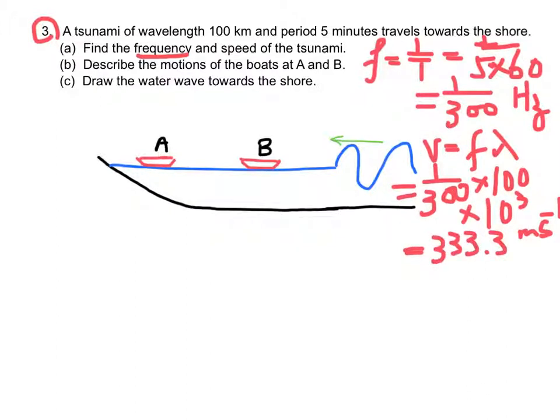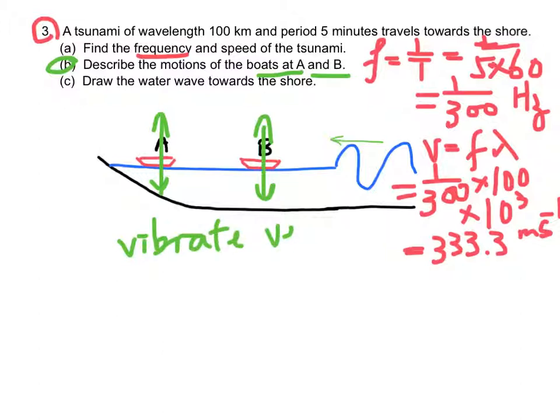which is equal to 333.3 meters per second. For part B, since water wave is a transverse wave, both A and B will move up and down, or we say A and B vibrate vertically.